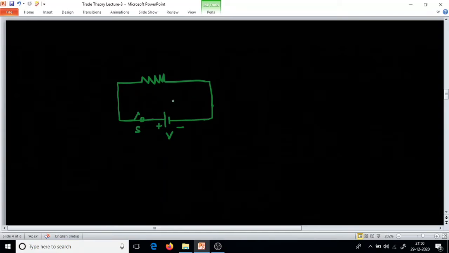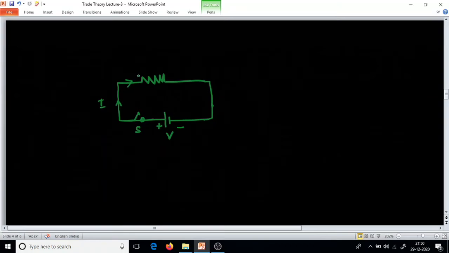So conventional current will flow from positive potential when the switch is closed. Conventional current I will flow from the positive terminal of the battery towards the negative terminal of the battery.